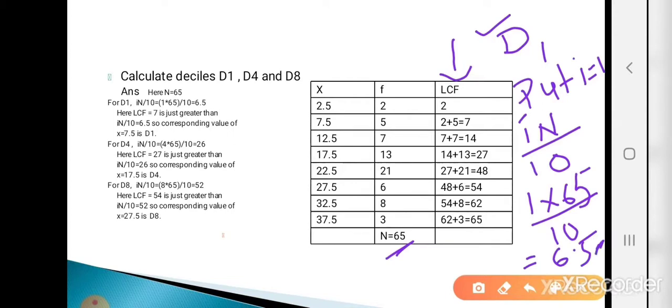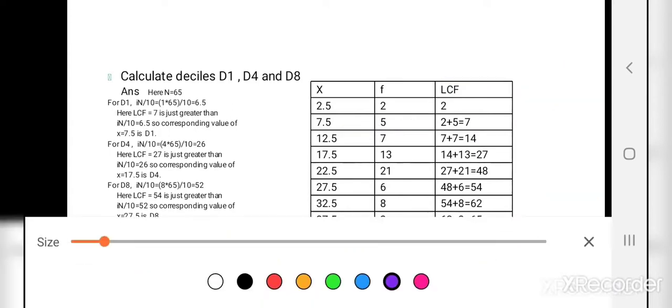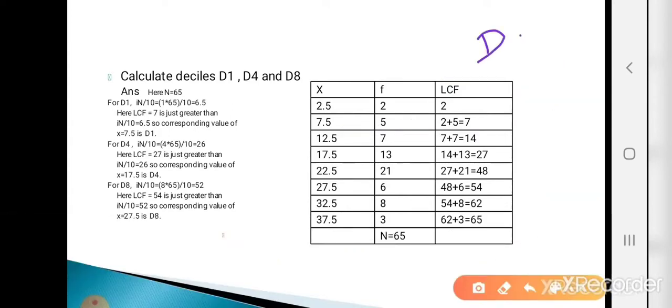So which LCF value is just greater than 6.5? Here the LCF 7 is just greater than 6.5. So the corresponding value of x is the first decile. So our D1 value is 7.5.